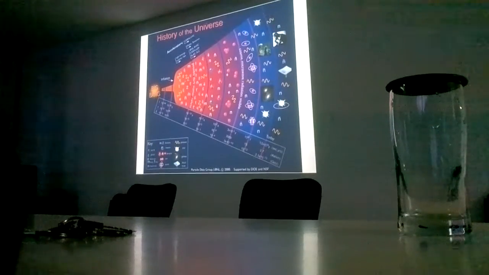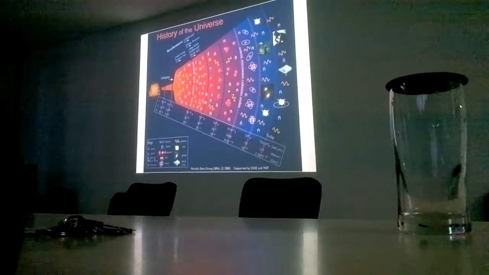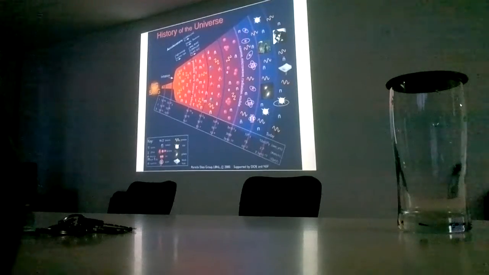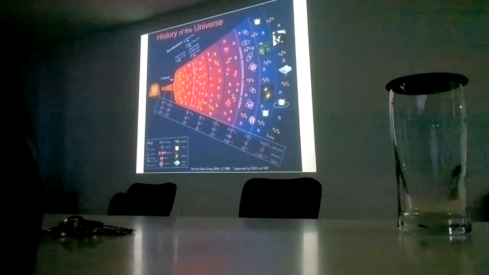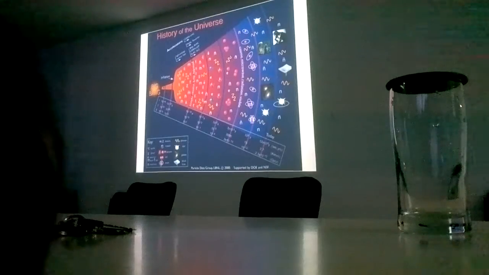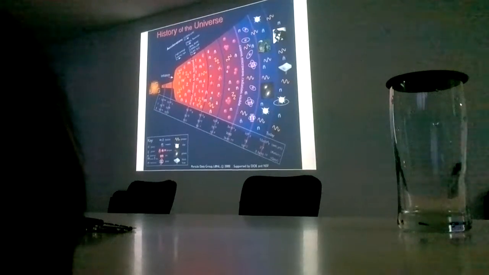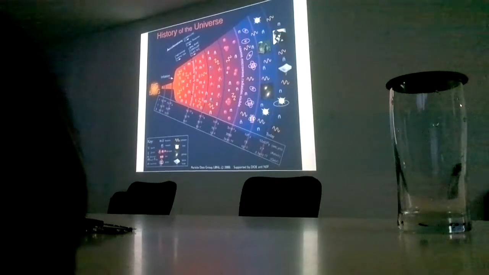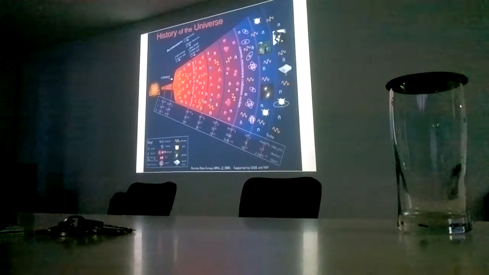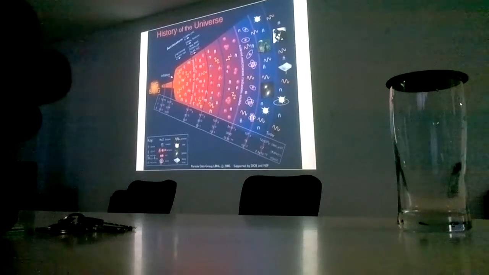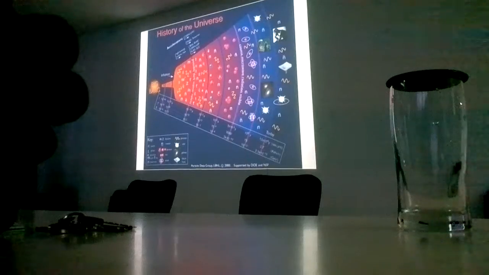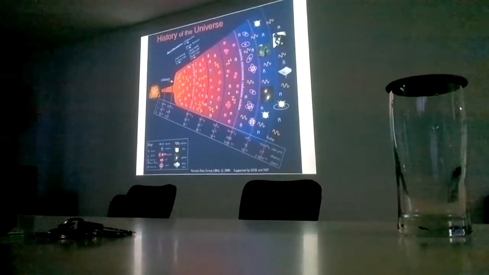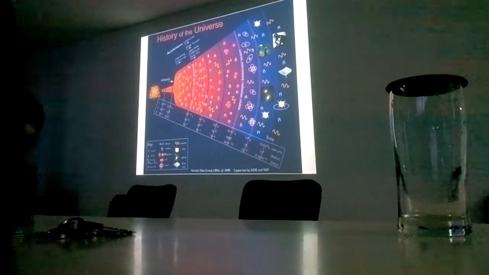Now, why I have taken this slide is that when there is condensation of matter, what is condensation of matter? It's energy getting transformed into matter, into mass. Okay? And different types of particles are coming together and they are forming a larger complex.